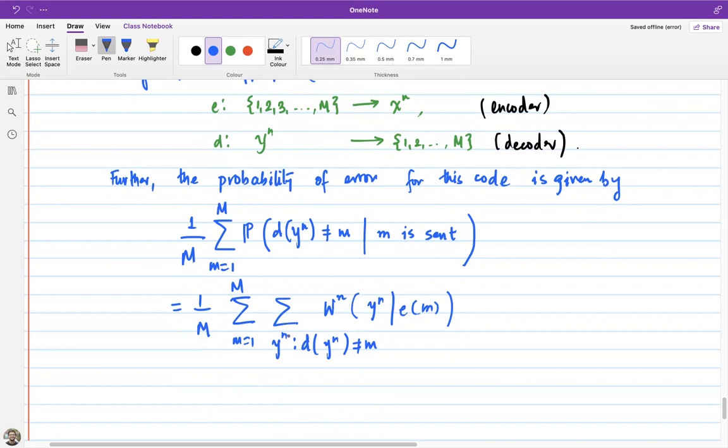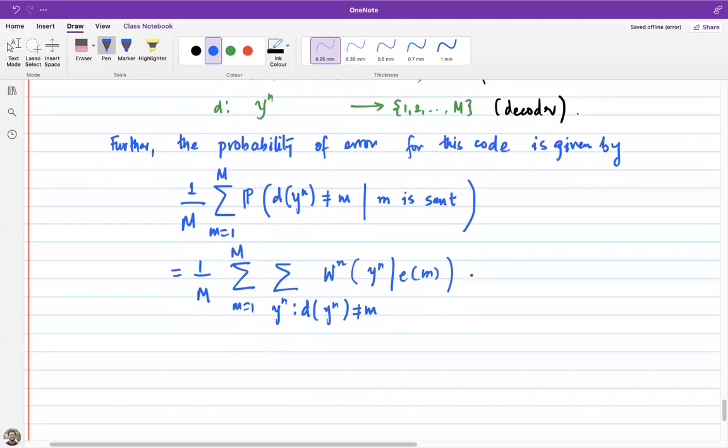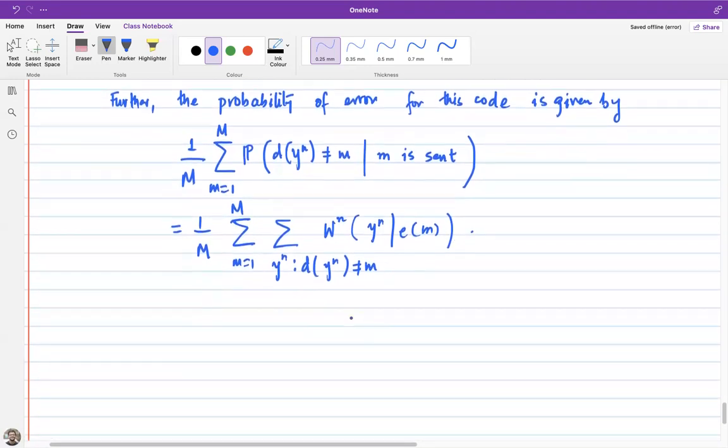And if you sum over all possible outputs where you do not get the perfect decoding, that means D of Y^n is not equal to m, you get this particular probability. Fine.